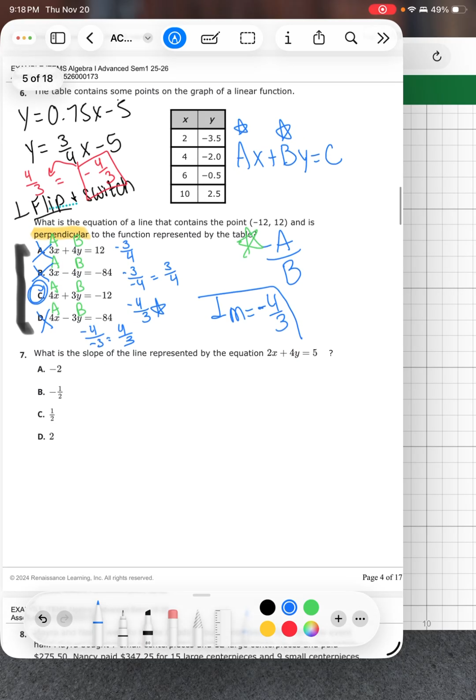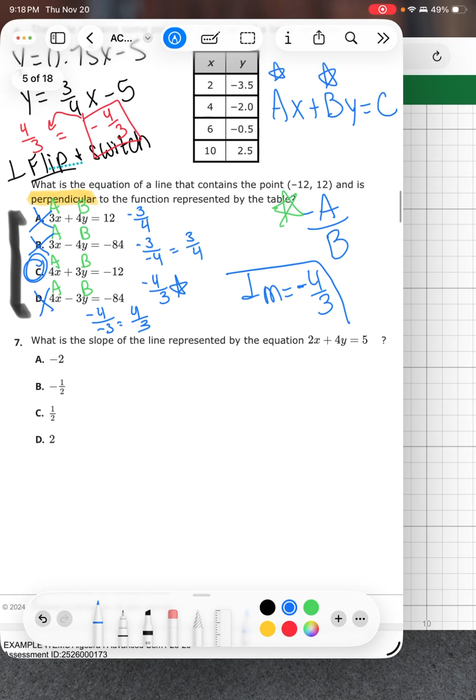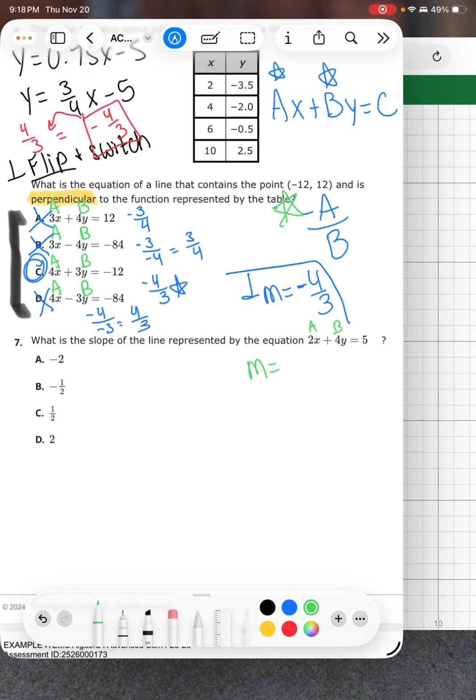And we're actually going to do that same thing for this one. Now here it says, what is the slope of the line represented by the equation 2x + 4y = 5? Now again, we could do a lot of math to change this to slope-intercept form, but we can also use what we did above: the slope in standard form is just -a/b.